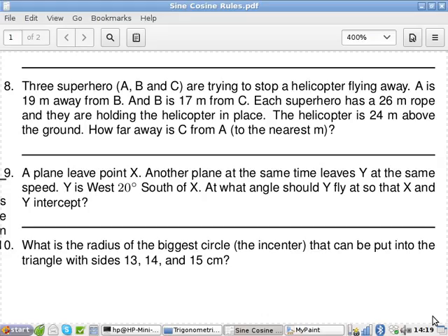Anybody get number 9? No? I would like people just to draw 9 again, and then I'll do it.